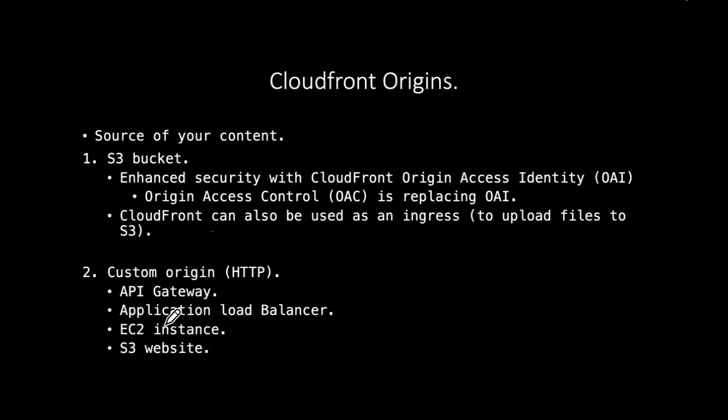Well, stick a CDN in front of your EC2 instance, i.e. stick CloudFront in front of your EC2 instance that's hosting your website, and you get all the benefits that we've already talked about.